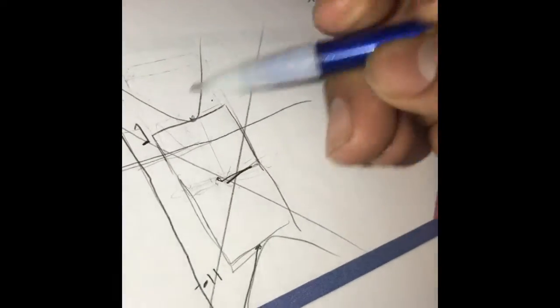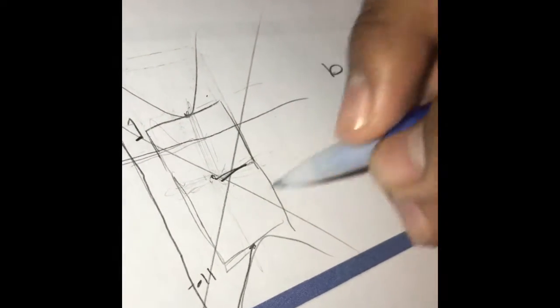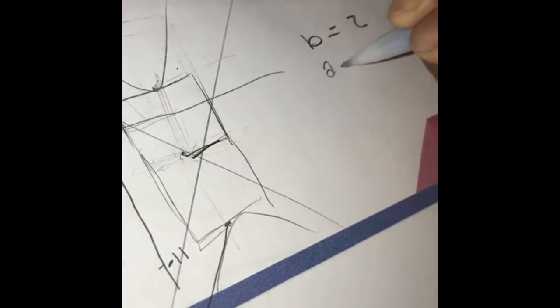So b equals 2. And then to find a, which is on the transverse axis, which we know is 12 units, we only need half of it, so a equals 6. And now with this information we can write our equation.